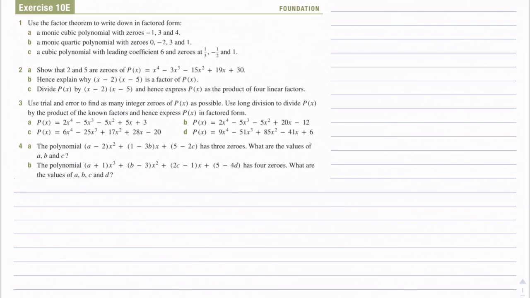So we're having a look at exercise 10E right now. There is no real theory for this. There's little bits and pieces here and there, but all of it's just applications of the factor theorem.